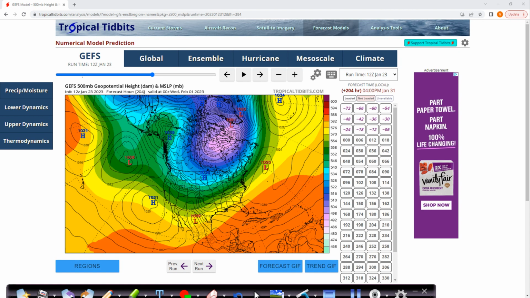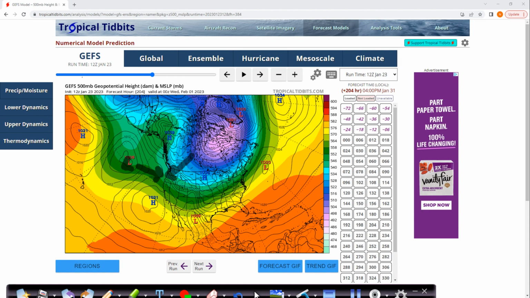Now, as I kind of alluded to before, if we get some cold air moving into the northwest and lingering there, any kind of system that moves in from the Pacific Ocean could spread some significant snow into some areas if that happens.